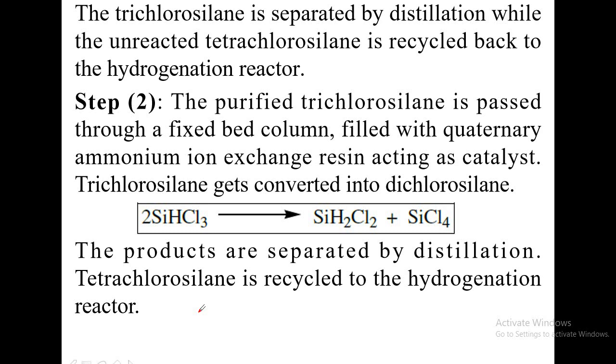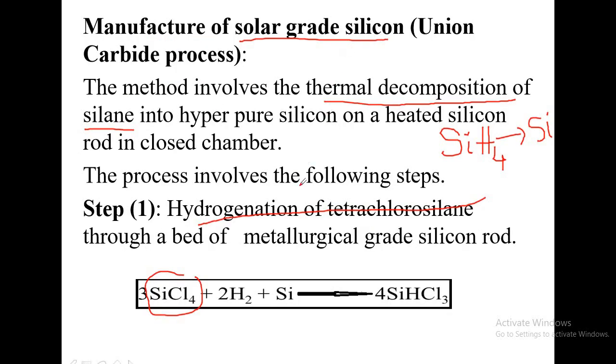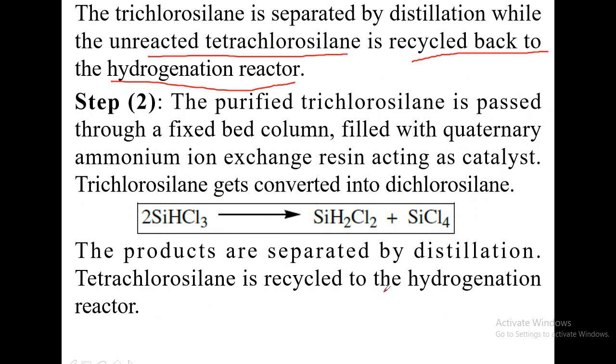And once you separate them, the unreacted tetrachlorosilane you can recycle back to the hydrogenation reactor, where this unreacted tetrachlorosilane can be subjected to hydrogenation, and you can convert that one also into trichlorosilane. That is the very purpose.